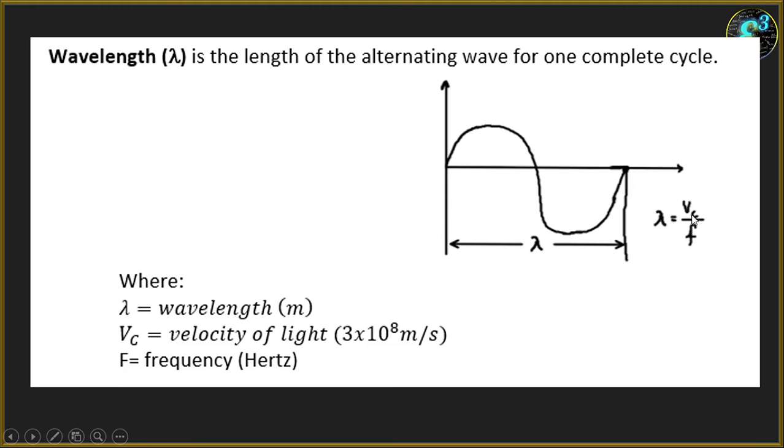We have Vc over f, wherein your Vc is the velocity of light, not the constant po to, which is equal to 3 times 10 to the power of 8 meters per second. Then yung ating f po, frequency, which is in hertz.